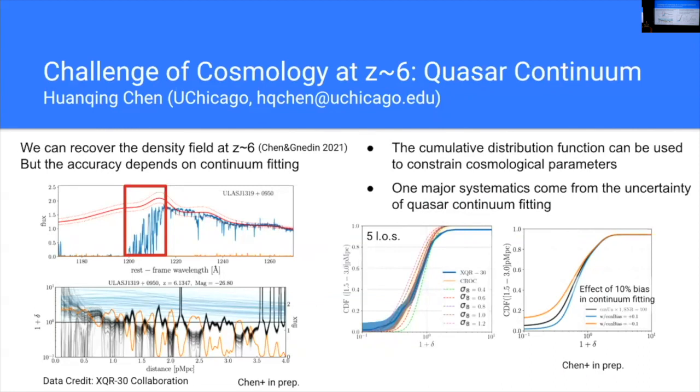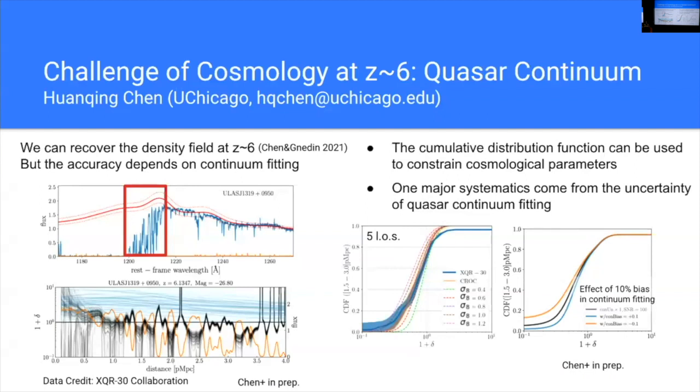So in our recent paper published this year, we find that the density field at redshift 6 can be recovered in the quasar proximity zones. And using this recovered density field, we can learn a lot about the large-scale structure at redshift 6, as well as the environment and the growth of the first quasars.